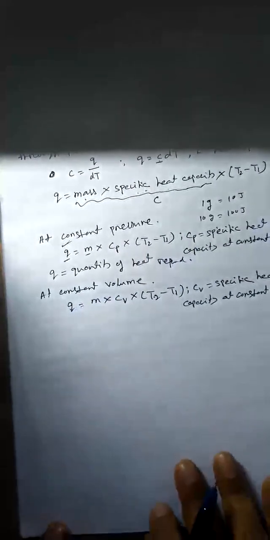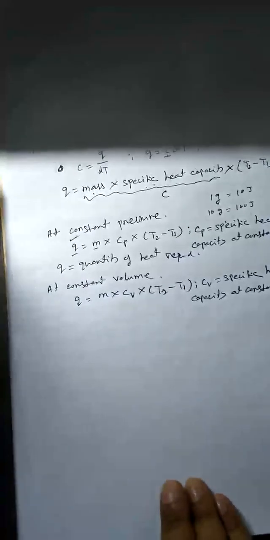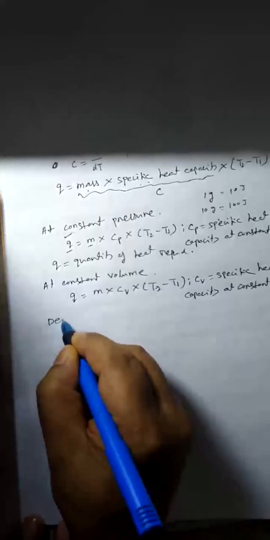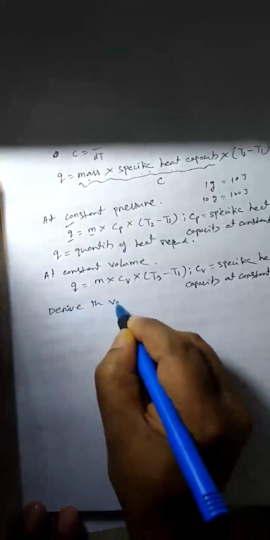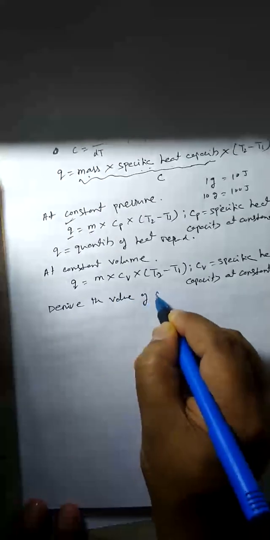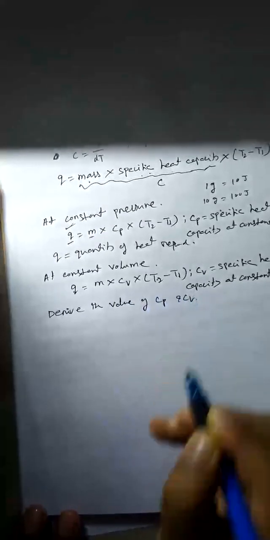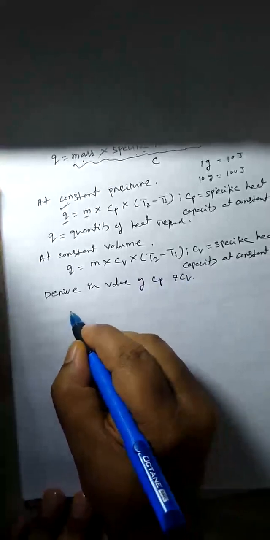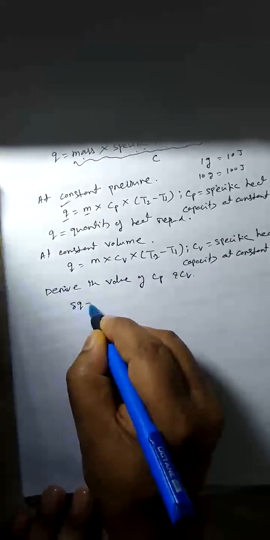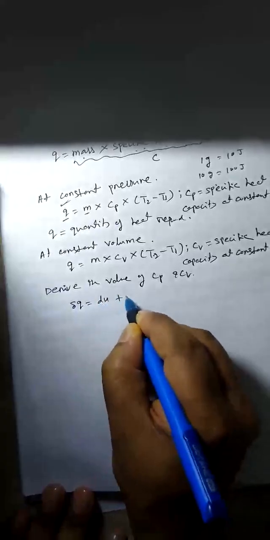But I already derived the Cp value and Cv value. In another way also you can derive the values of Cp and Cv. How do you derive? According to the first law of thermodynamics, del Q is equal to dU plus P dV.